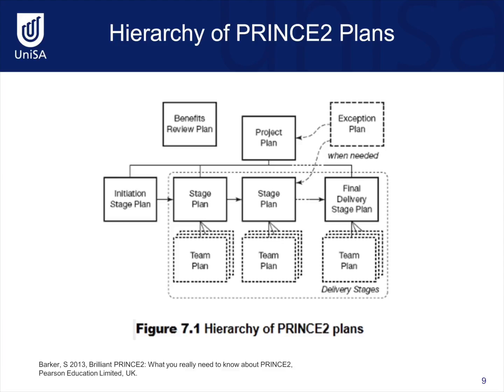The number of stage plans created will vary amongst projects and will depend on the size, nature, and complexity of the project. Similarly, team plans may or may not be created for a project. An exception plan may also be created when needed as a replacement to the project plan or stage plan. This occurs when there has been a tolerance violation.